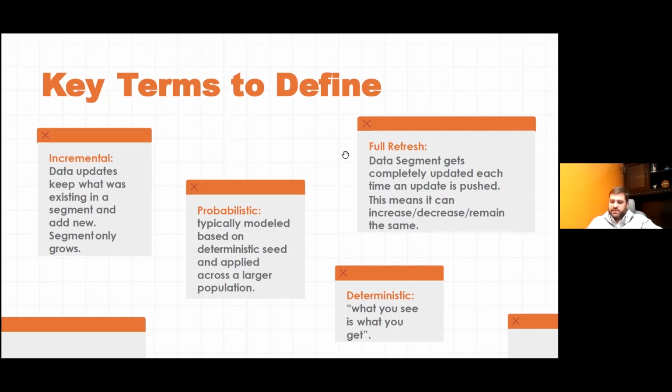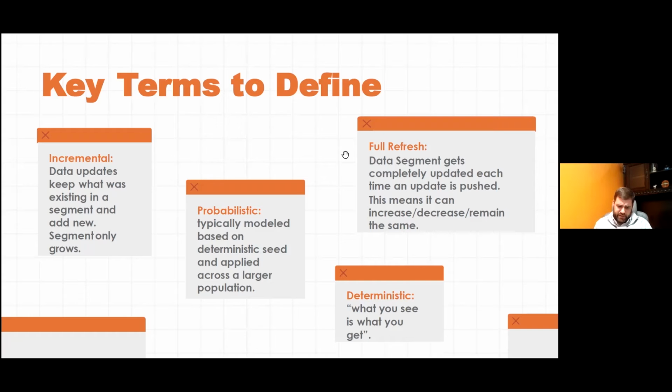Whereas probabilistic is more of a modeled segment, typically has some representative sample that the model is applied against. So a good example of that would be, say, a Spanish television programming streaming service.